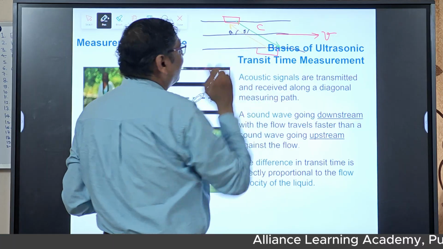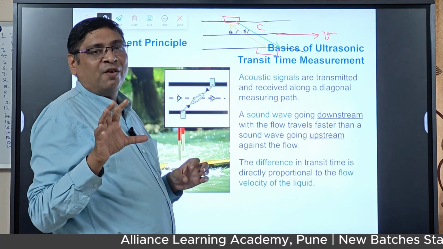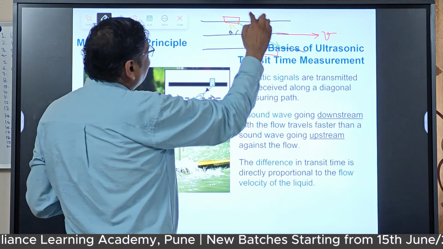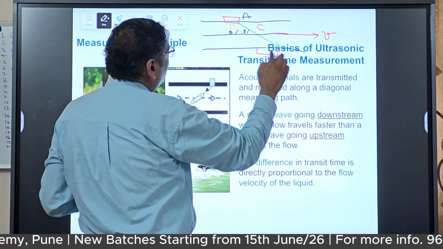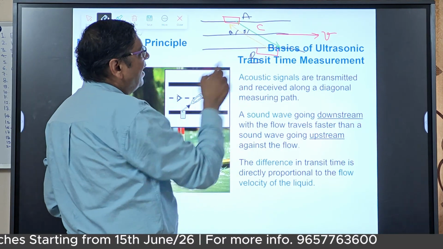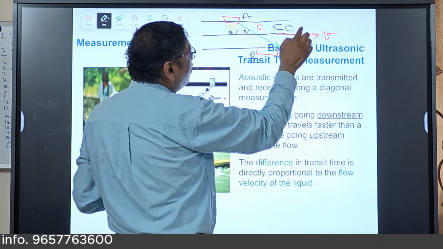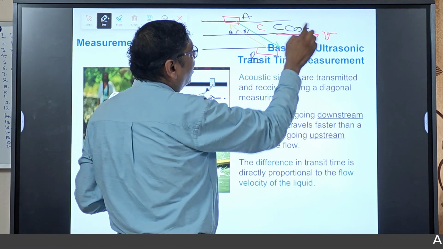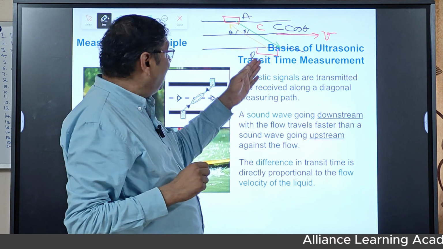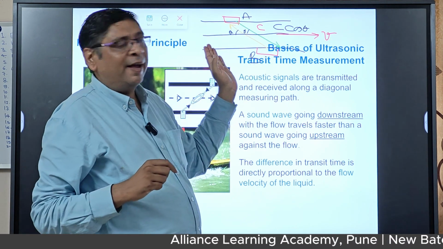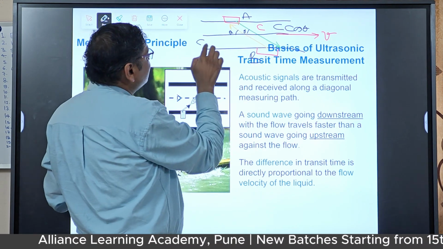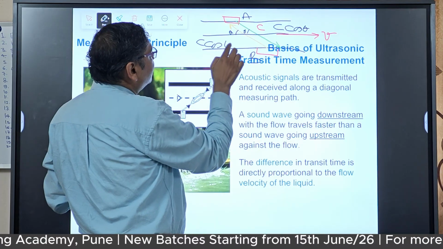Now you observe, when A is talking to B, in the direction of the flow the component will be C cos theta. And when B is giving signal to A, it is again C cos theta.